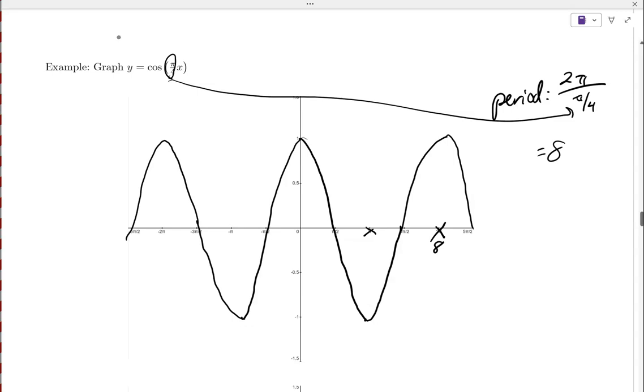Half of 8 is 4. Half of 4 is 2. And so this will be 6. So you have -2, -4, -6, -8. And now you have a graph. We change the scale.